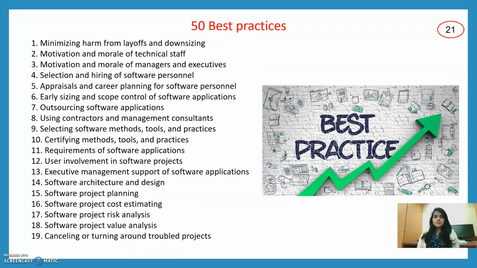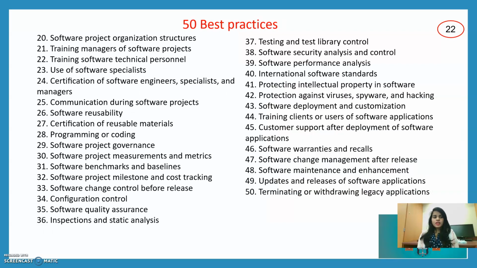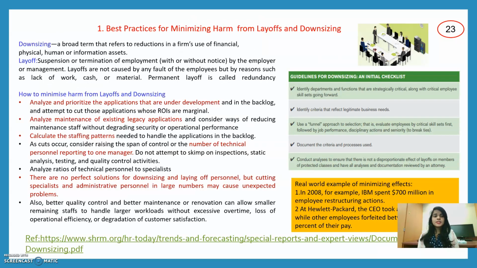And these are the 50 best practices: minimizing harm from layoffs and downsizing, motivation and morale of technical staff, motivation and morale of managers and executives, outsourcing, contractors, software architecture and design, software project planning, risk analysis, value analysis, software project organization structures, software project governance, programming and coding, certifications, and software reusability. All these are the 50 software best practices.